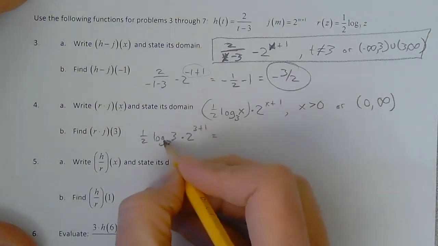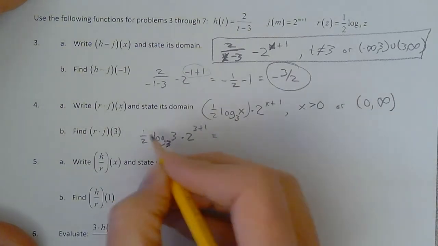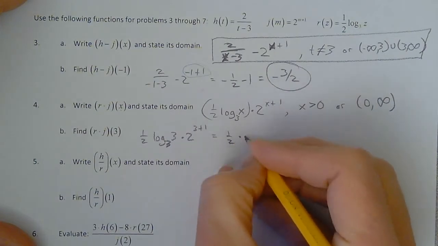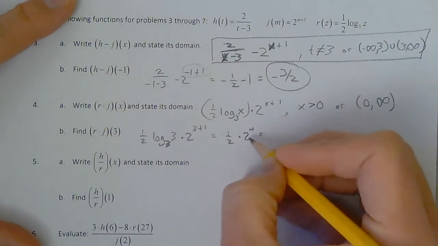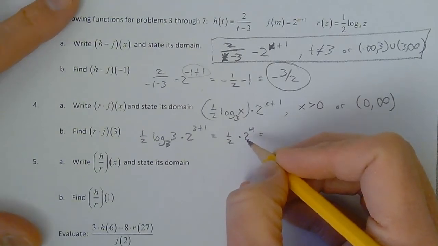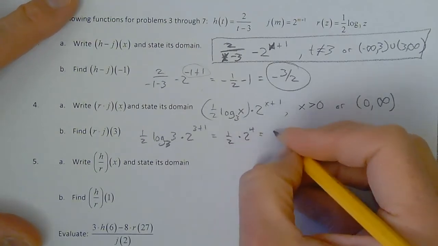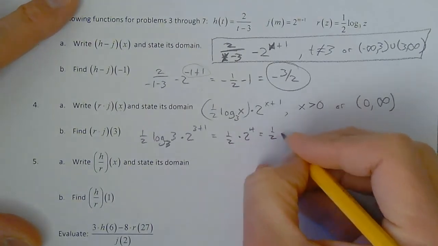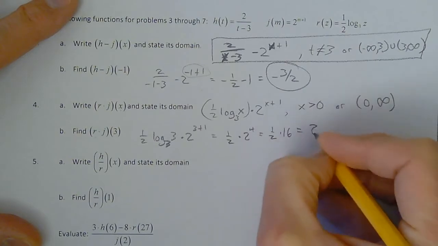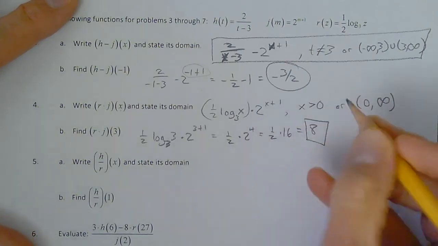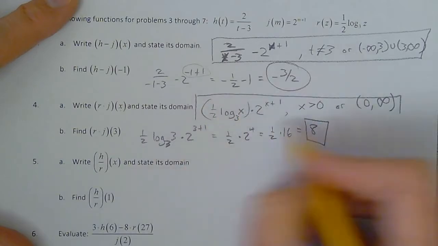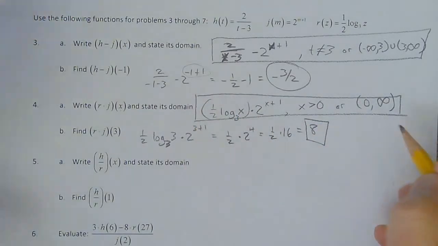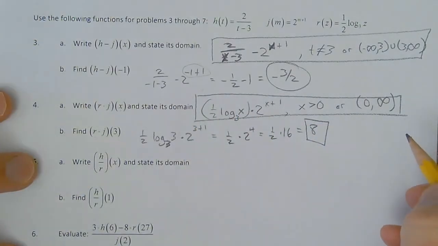Well, the log base 3 of 3 is 1, so that's 1/2 times 2 to the 4th power. 2 to the 4th power, 2, 4, 8, 16, and 1/2 of 16 is 8. So that is r times j of 3. And this is r times j with its domain stated in a couple of different ways.